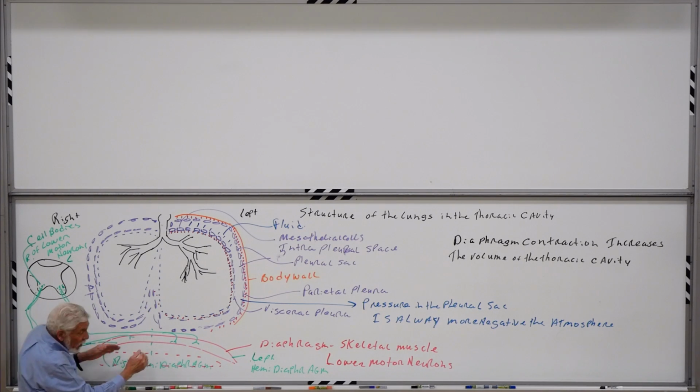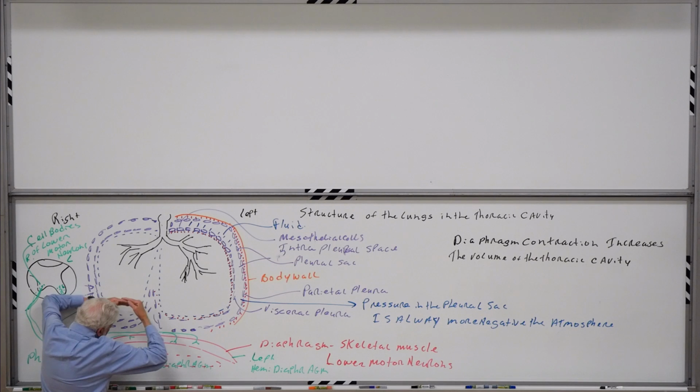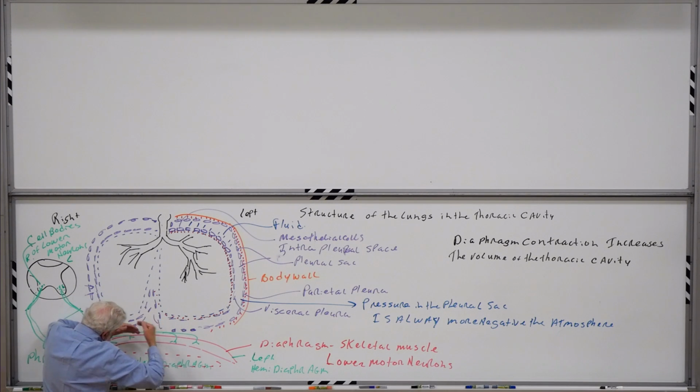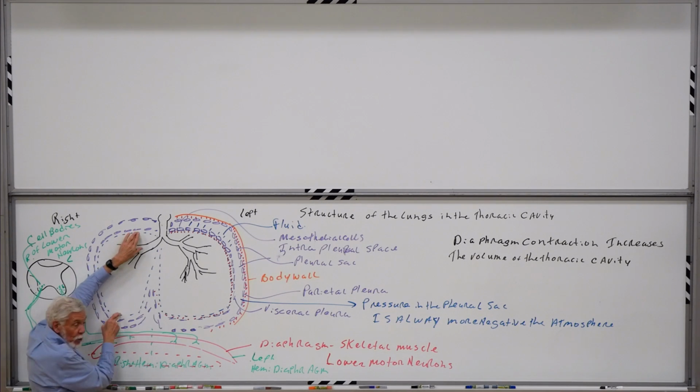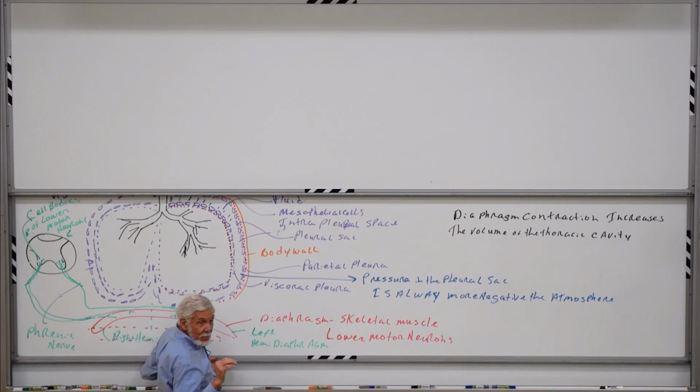So it's a clever trick of this diaphragm and the innervation of the diaphragm to cause the shortening to shorten the diaphragm and increase the volume of this cavity. So you're okay with that?